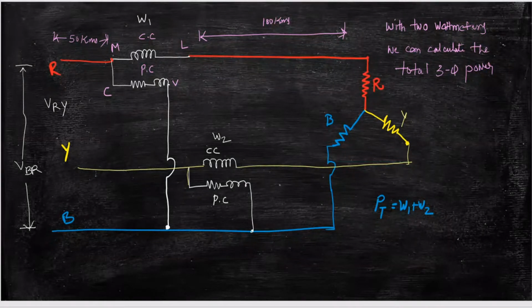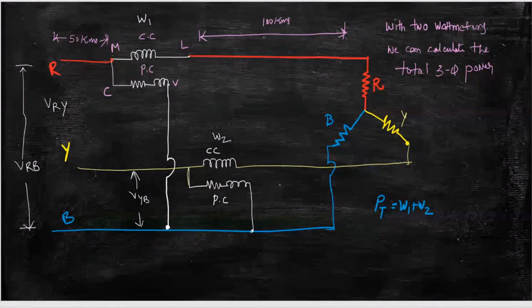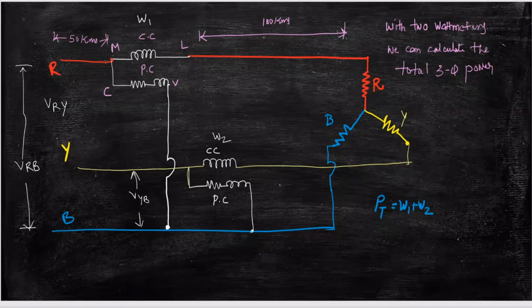The pressure coil is connected between R and B, so I will write V, R and B. And this is V, Y and B. So you are going to calculate the voltages VRB and VYB. No need of VRY. Only VRB and VYB are sufficient.